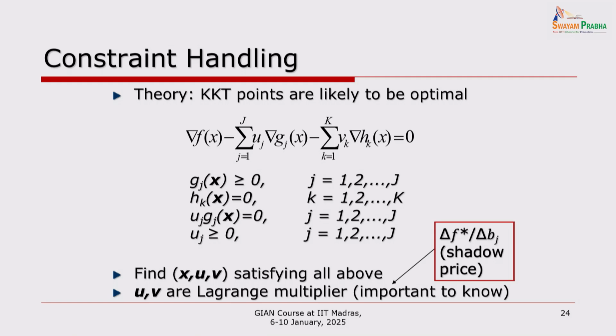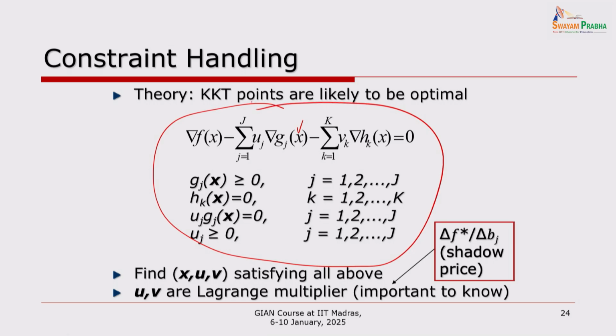We didn't talk about constraints at all. Now we're talking about constraints, and constraints are important in real world problems, which means so far you only had f, there was no g and h. But when you have constraints, there is a theory, and the theory says if any x that you have satisfies all of these conditions, in addition to some constraint qualification conditions, we are not talking about it here, but they usually come with gradients again, that's called a KKT point.